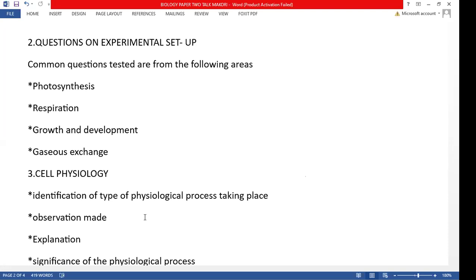There is this question whereby you are given a glucose solution or a sucrose solution within a visking tubing immersed in distilled water in a beaker or in a trough. Whenever you are giving the observations, the contents within the visking tubing are the ones that change in amount, but the total amount within the container, let's say within the beaker, does not change.